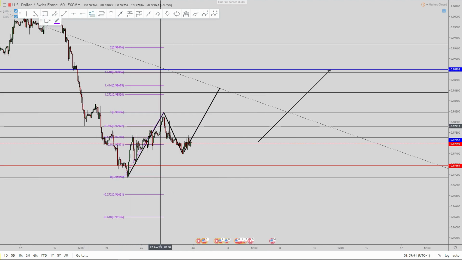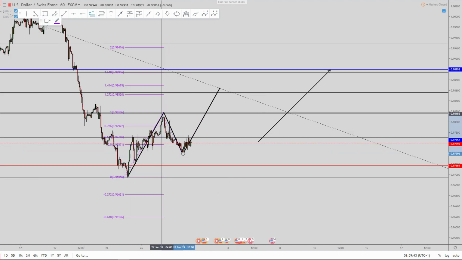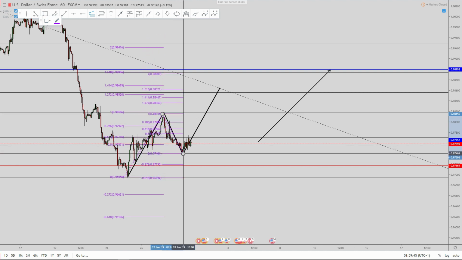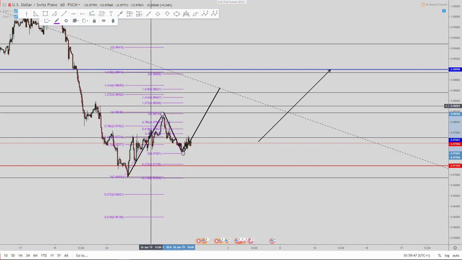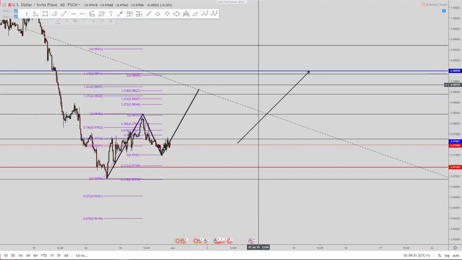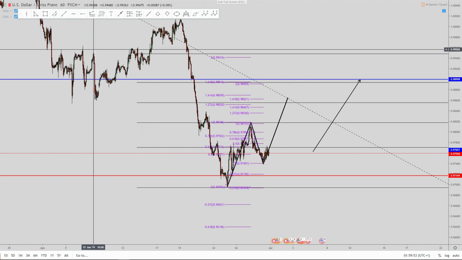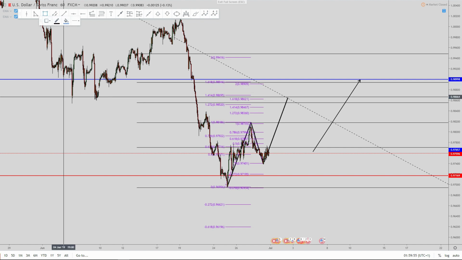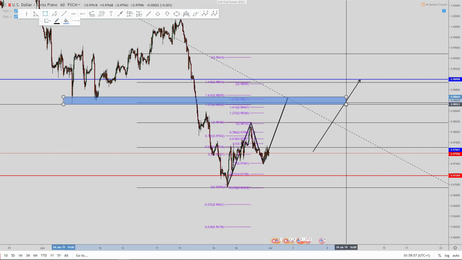If you grab a fib from here to here, you've also got the 1618 and the 1414 around the 50%. So you've got a couple of potential zones to look at there.